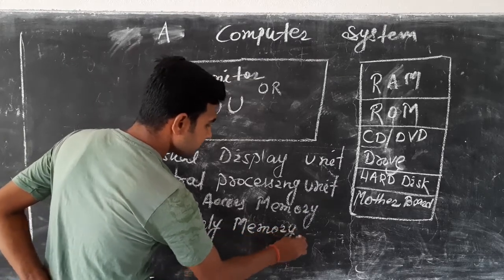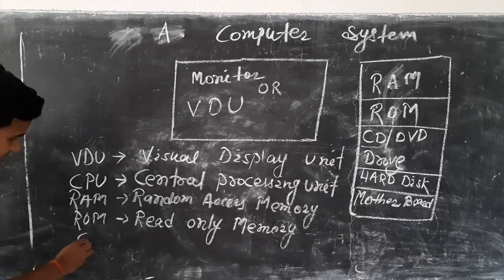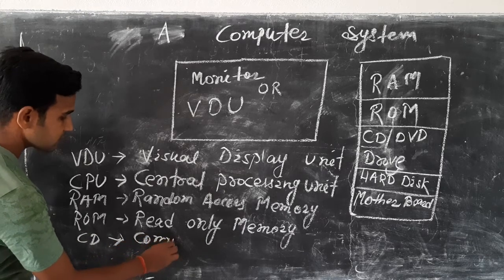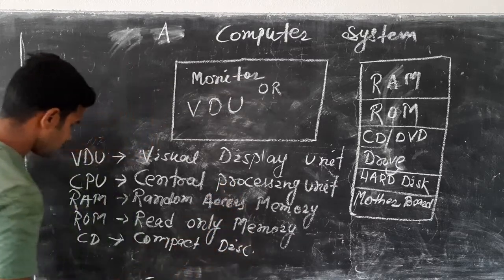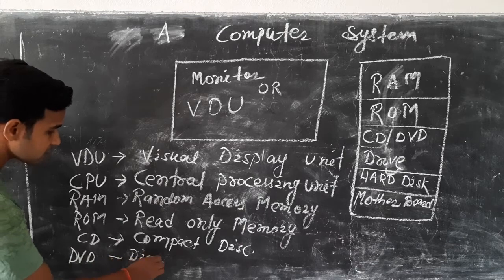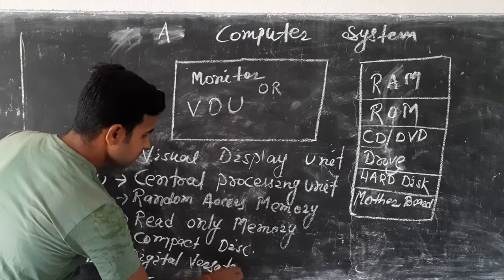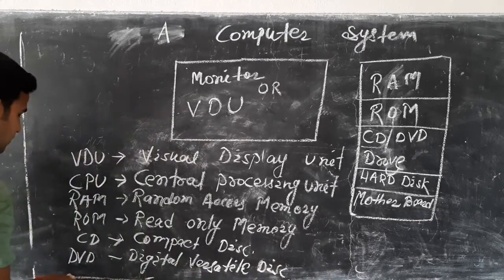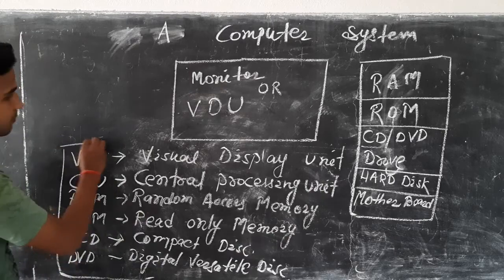CD means compact disc, and DVD stands for digital versatile disc. This is the full form of all the terms related to computer systems.